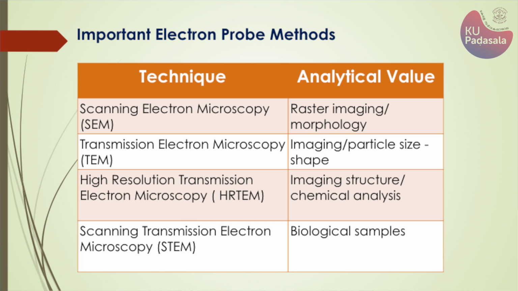The diagram represents different important electron probe methods. They include SEM, TEM, high resolution transmission electron microscopy, simply designated as HRTEM, which is a modification of TEM, and scanning transmission electron microscopy, that is STEM.